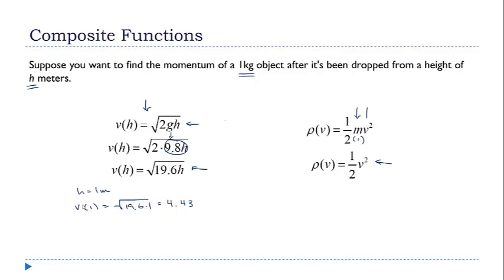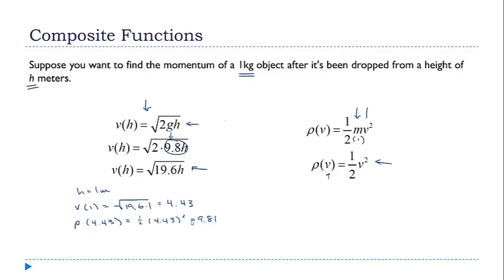And now that's v, right? So I can put that into the momentum formula and get that the momentum of an object moving 4.43 meters per second is 1/2 times 4.43 squared, which comes out to 9.81.